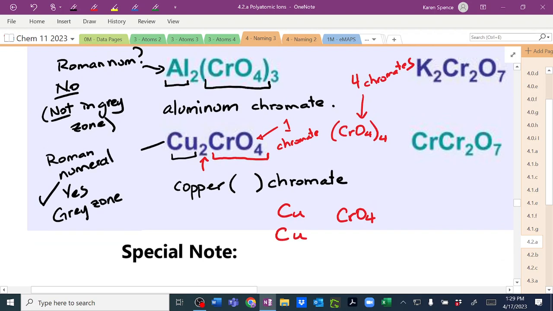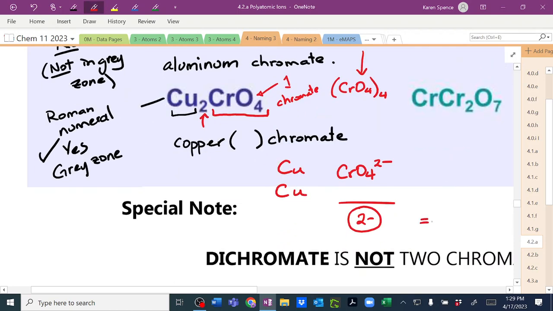And you should always be able to tell what the negative ion charge is, okay? Because where can we look? On our pink sheet. And the charge of chromate is 2 minus. That means my total negative charge is 2 minus. I need these things to equal out to 0, which means that my positive charge has to be equal and opposite.